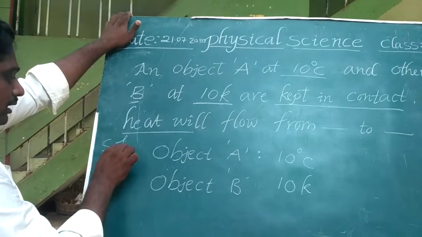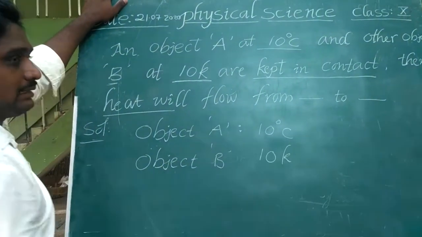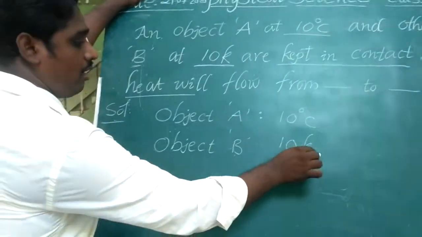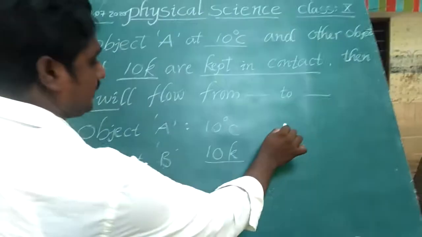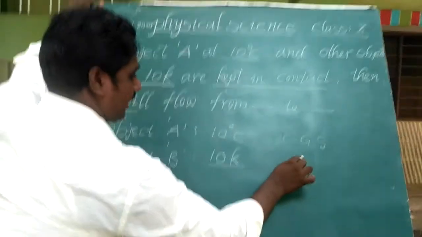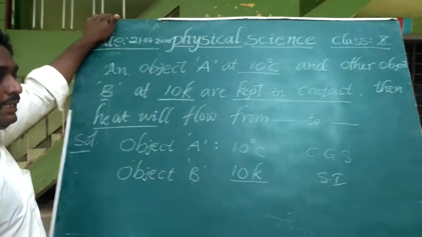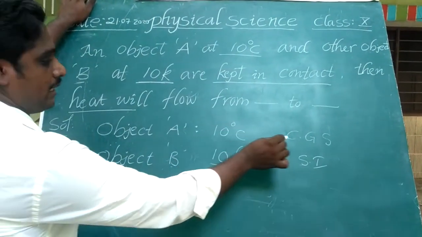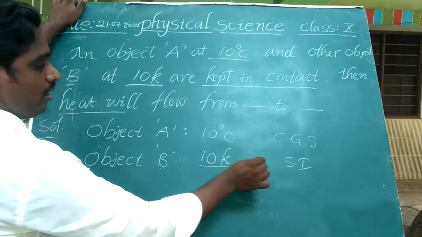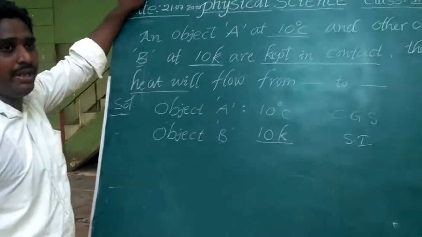Okay, students, the temperature of object A is given on the degree Celsius scale, and the temperature of object B is given on the Kelvin scale. Degree Celsius is the CGS system, Kelvin is the SI system. Temperature is measured in degrees Celsius in the CGS system and in Kelvin in the SI system. Here both units are different.